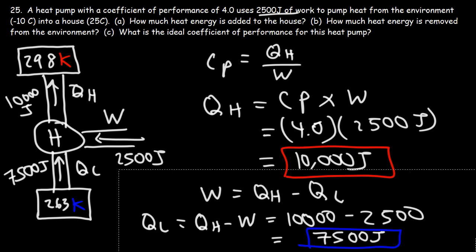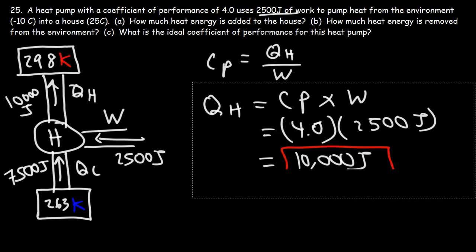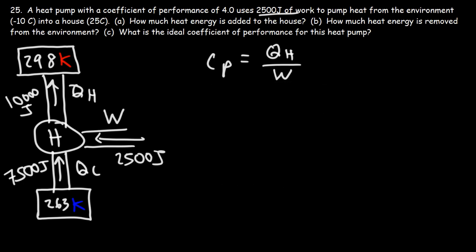Now let's move on to part C. What is the ideal coefficient of performance for this heat pump? The coefficient of performance is QH over W, and W is QH minus QL.